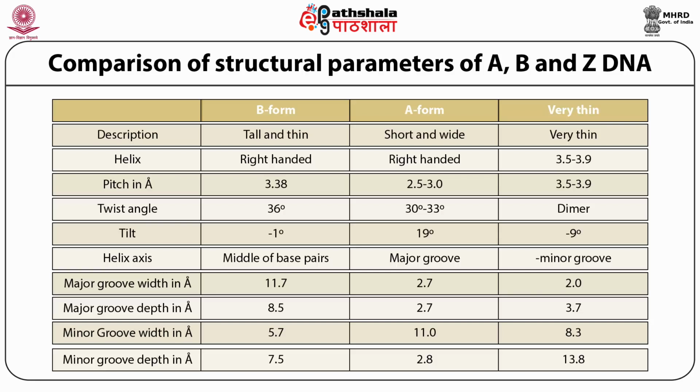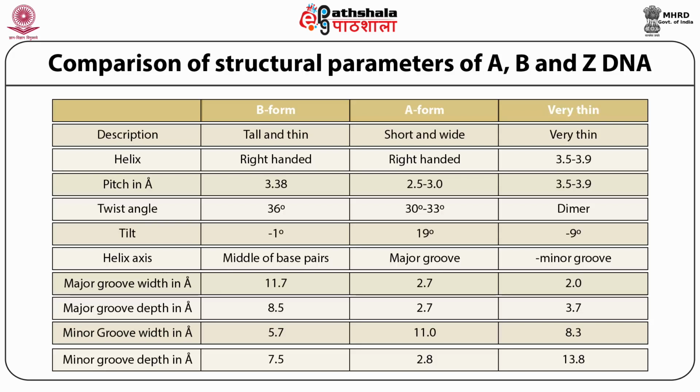We can compare the sizes of major grooves and minor grooves. As discussed earlier, in case of B form, it has a wide major groove, 11.7 angstrom, and deep, 8.5 angstrom. And Z form has practically no groove.